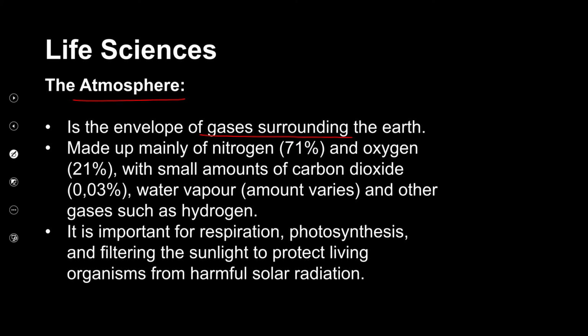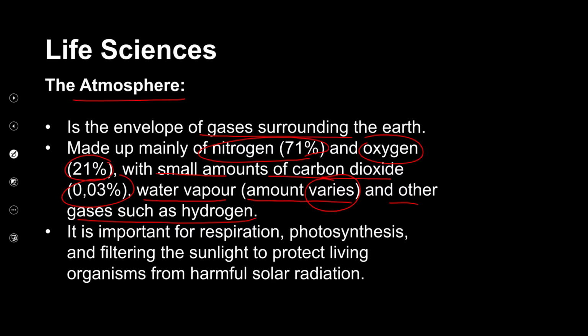The gases that surround the Earth are mainly made up of nitrogen, which is about 71%, oxygen, which is about 21%, with a small amount of carbon dioxide in the atmosphere. We know that water vapor also plays an important part of our atmosphere, and that concentration may vary. We also have a buildup of other gases that make a very small percentage of the gases in our atmosphere.